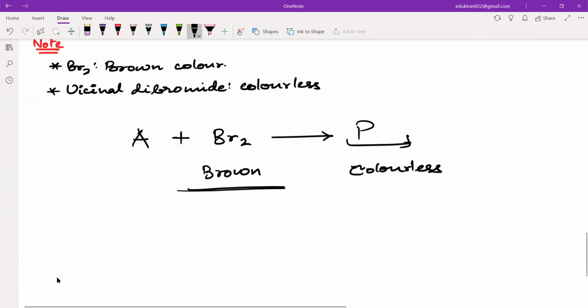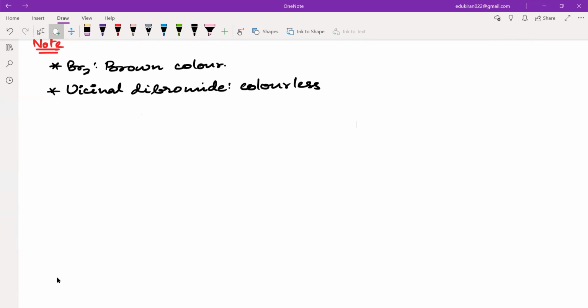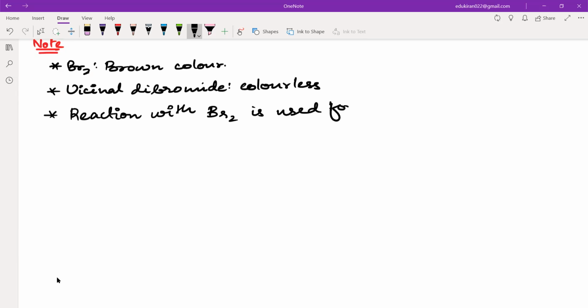So you can also write here: a reaction with Br2 is used for the detection of multiple bonds, not just alkenes.